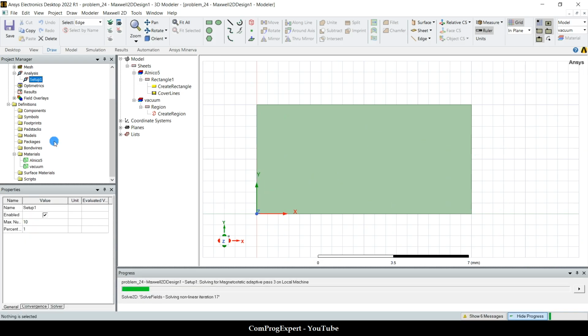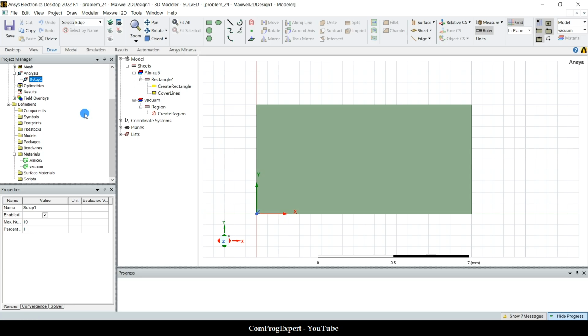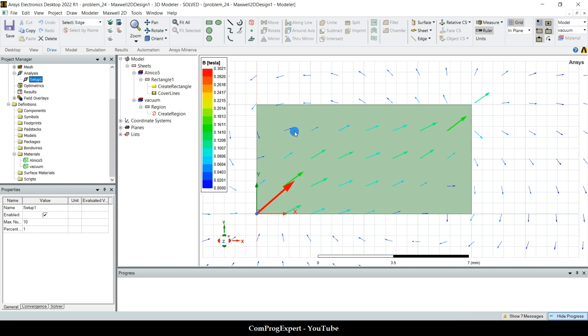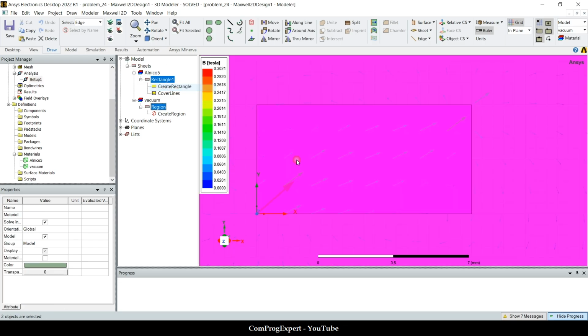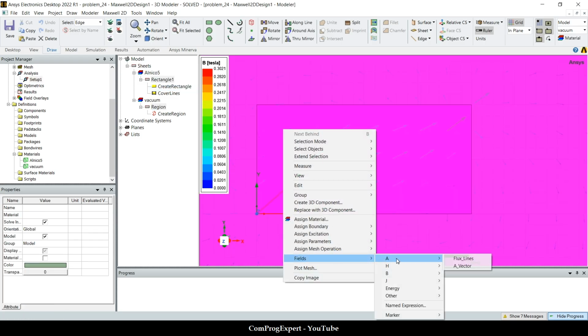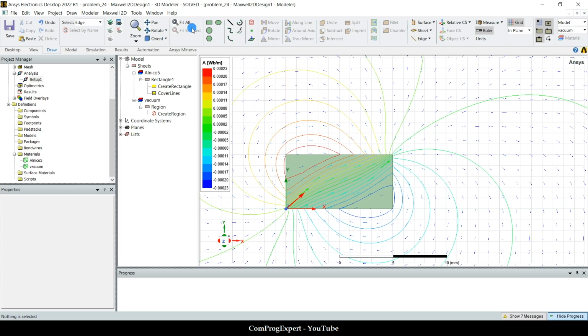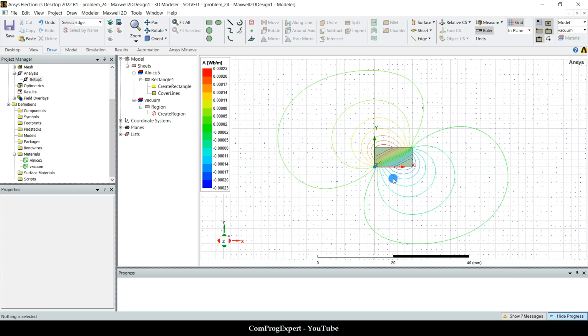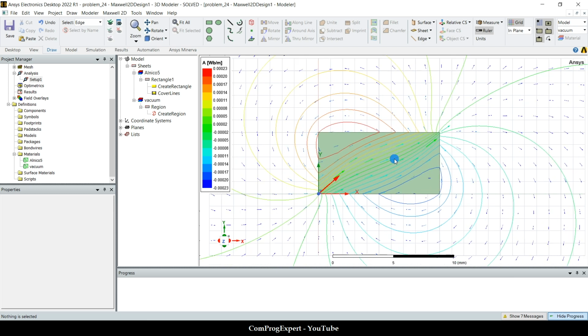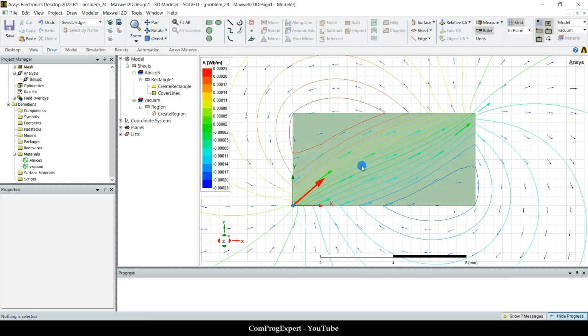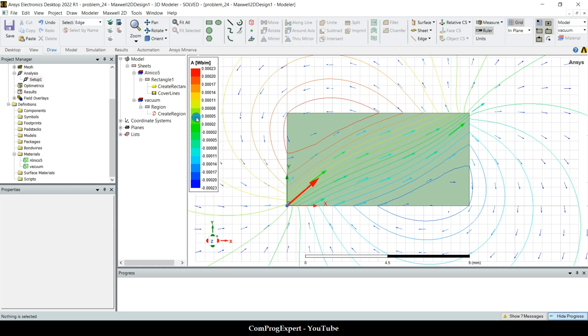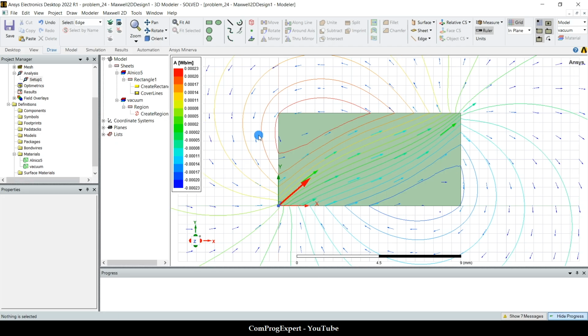We can check the generated flux density vectors in this direction. You can even plot the flux lines. Yes, perfect software, a perfect environment to learn these concepts by solving the problem using the finite element method.